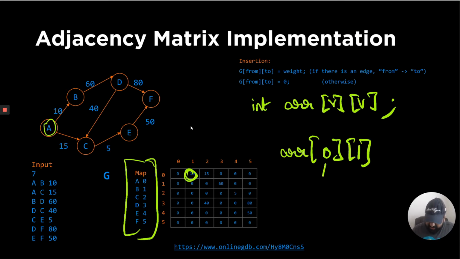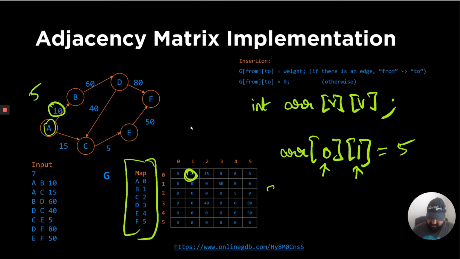Here we are decreasing the weight of this edge between A and B from 10 to 5. But you cannot do something like arr of 0 and 1 equal to 5 because we still do not have access to this 0 and 1. How we can get access to these values 0 and 1 is by getting the corresponding value in the map data structure.